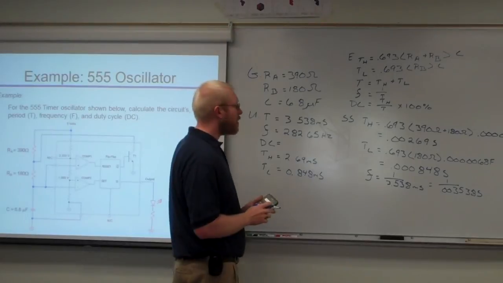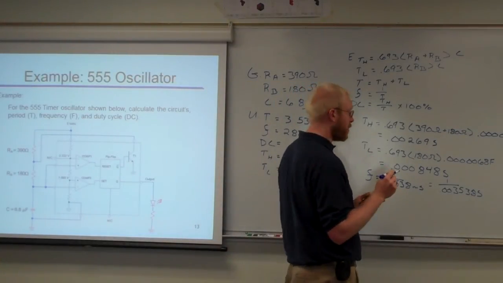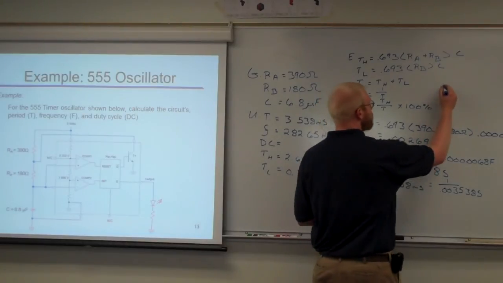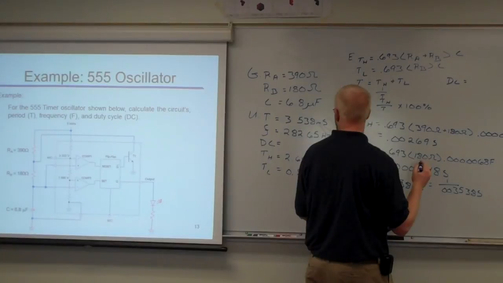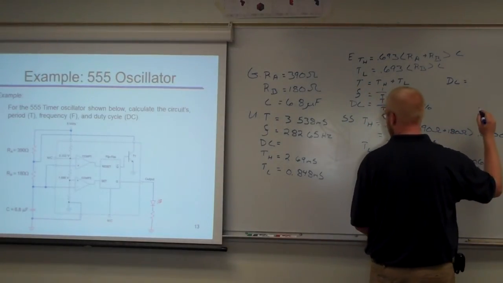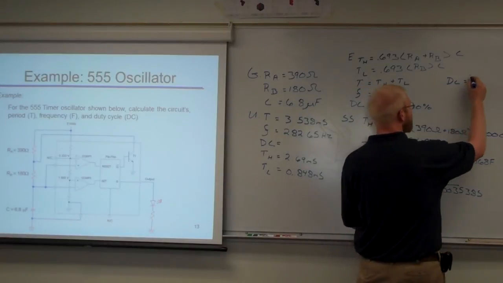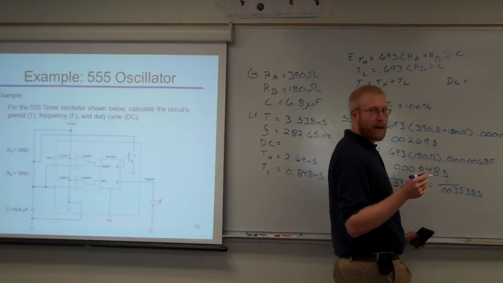For my duty cycle, I'm going to see if I have enough space up here to write that. I might have to adjust the camera a little bit for you to see my math. So duty cycle equals time high, which is our 2.69 milliseconds. Now I could leave this in milliseconds, since they're both in milliseconds for my time high and time total.